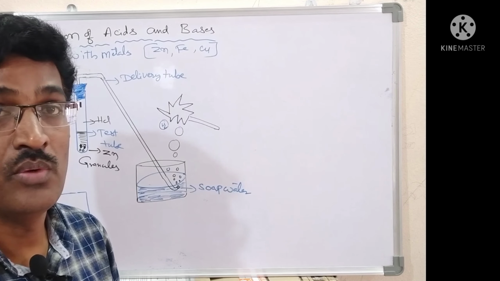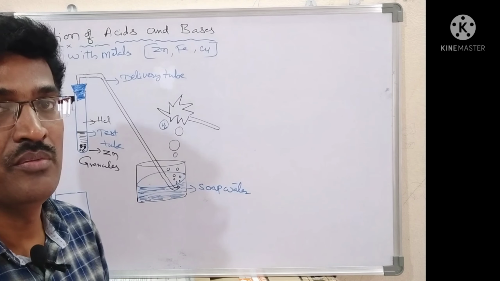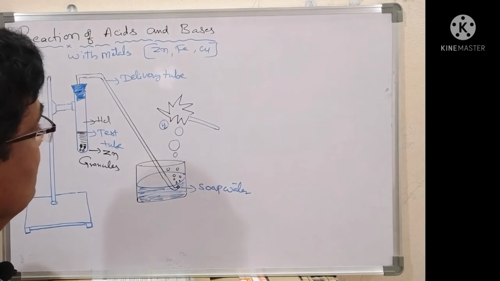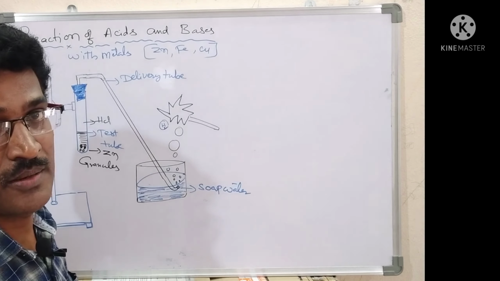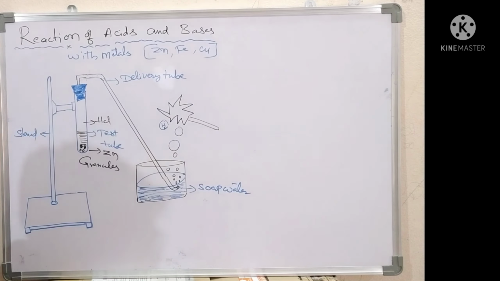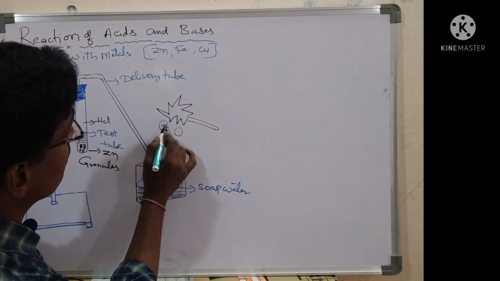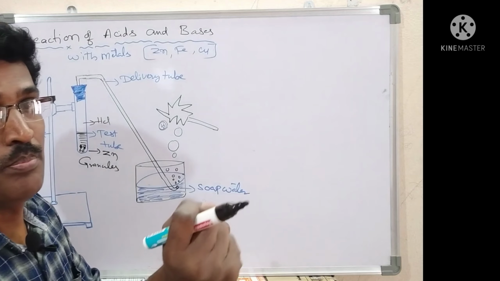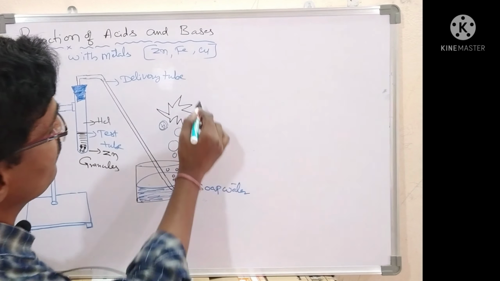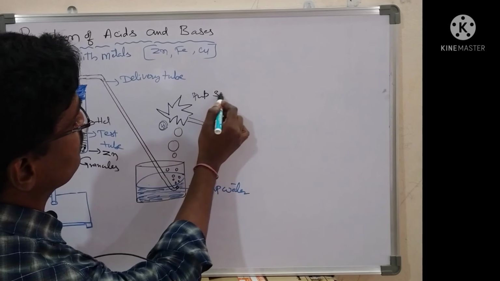To know which gas is evolved, we have to test with a burning matchstick or burning candle. When you test with the burning matchstick or candle, the bubble burns with a pop sound.